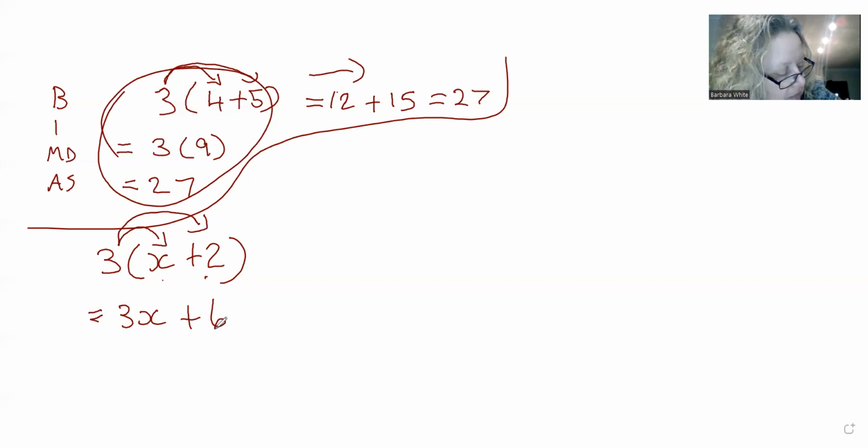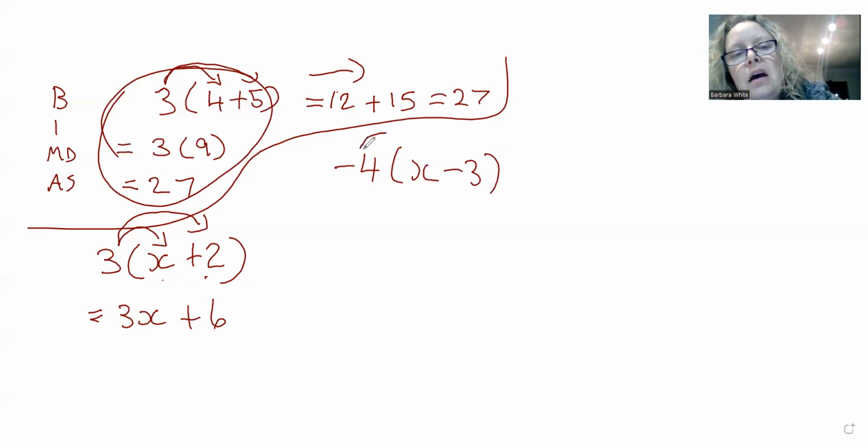You can have negative numbers outside the brackets. Negative 4 lots of x minus 3. Negative 4 times x. You still have to be able to multiply here, but we've got negative 4x. And then you've got negative 4 times negative 3.